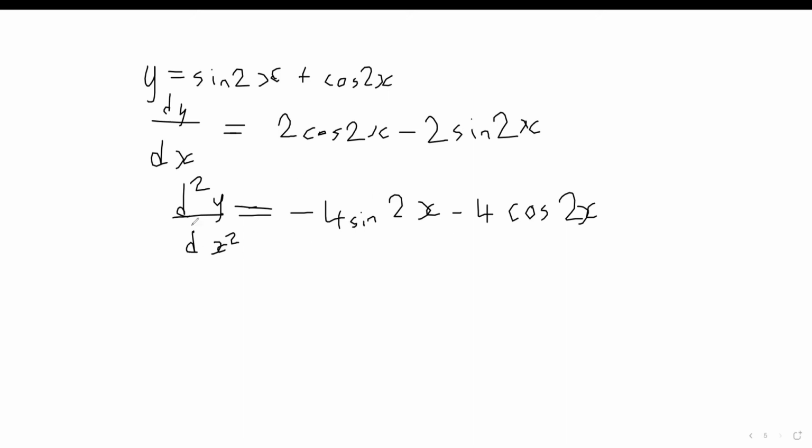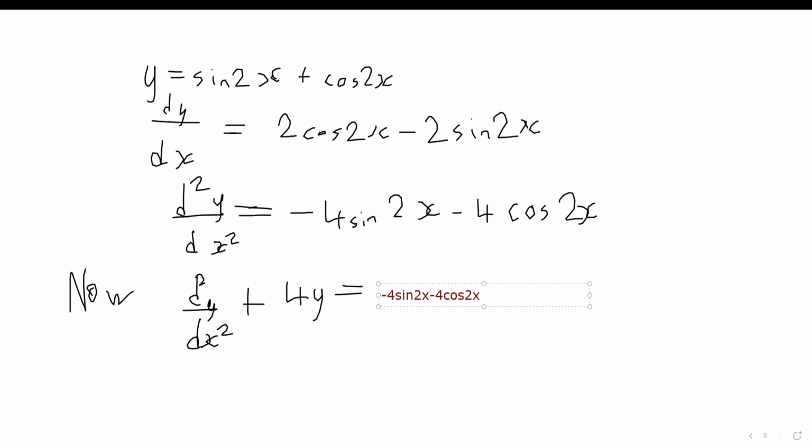Now all we need to do is the proof. The proof was to show that d2y by dx squared plus 4y is 0. So d2y by dx squared plus 4 times y is equal to, d2y by dx squared is minus 4 sine 2x minus 4 cos 2x, plus 4 times y, and y is sine 2x plus cos 2x.